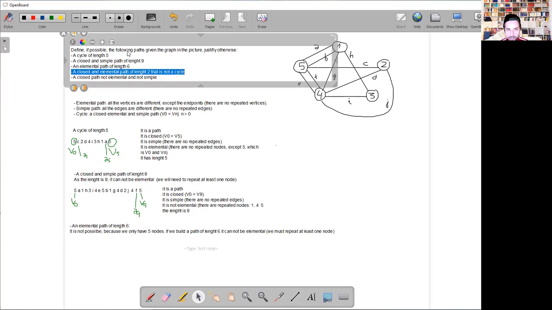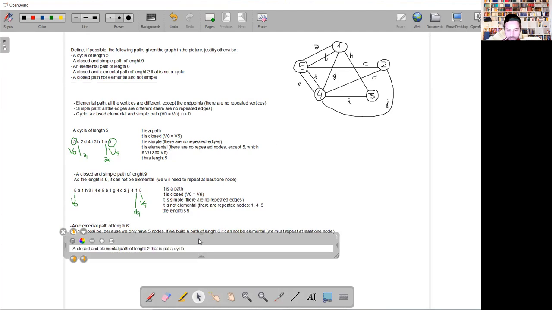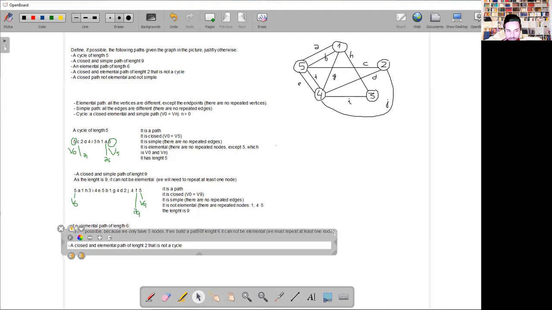Okay, let's go to the next one, which is a closed and elemental path of length 2 that is not a cycle.